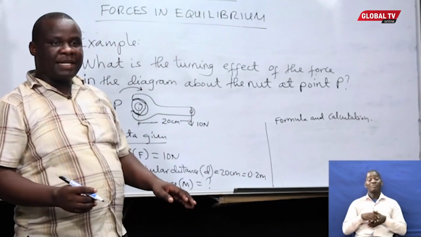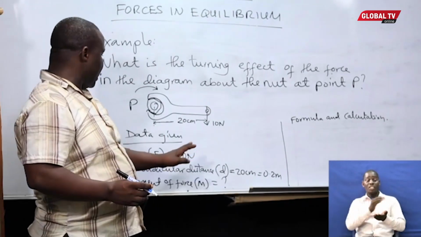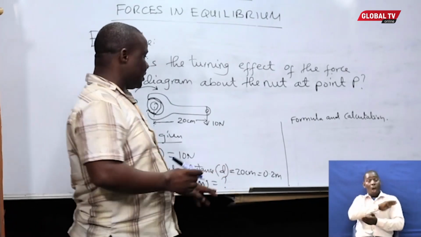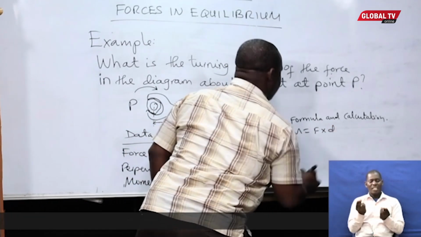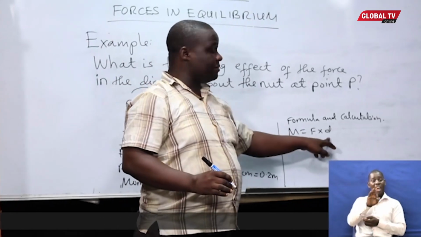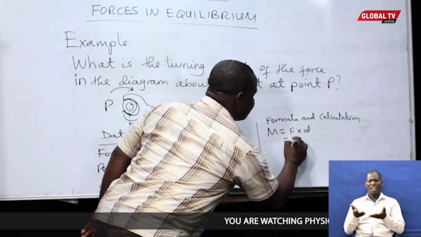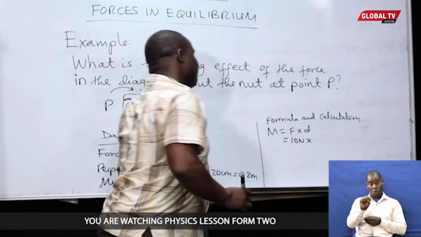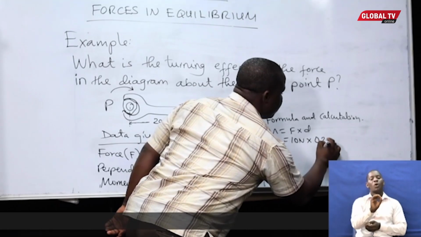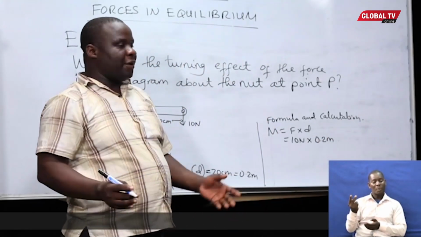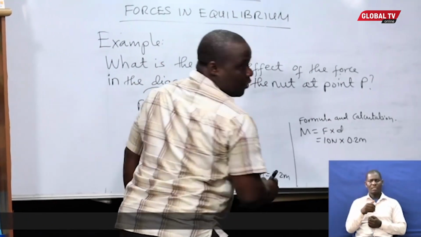From our discussions, the moment of force, M, is the product of force and perpendicular distance. So M equals force times D. The force is 10 Newton, times the perpendicular distance 0.2 meter. Now 10 Newton times 0.2, what is the answer?